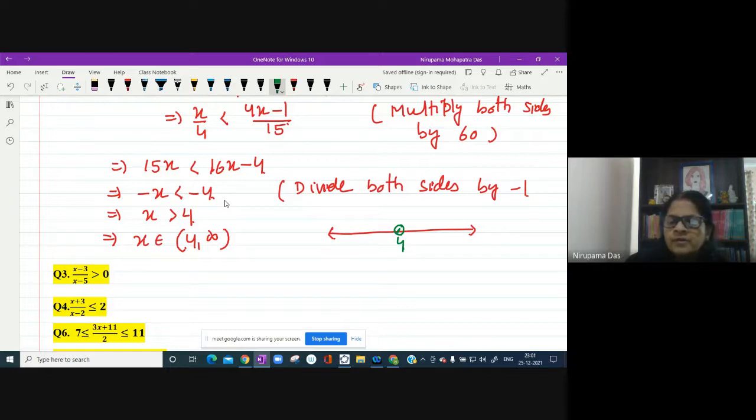Here a blank circle, because 4 is not included. It is greater than 4, not greater than or equal. Okay, so since it's not equal to 4, we can take a blank circle. So greater than 4, we will make the line bold to the right of 4. Okay, it means x greater than 4. I hope it's clear.